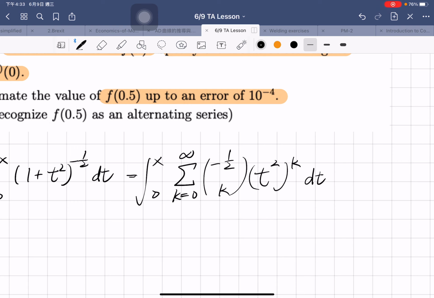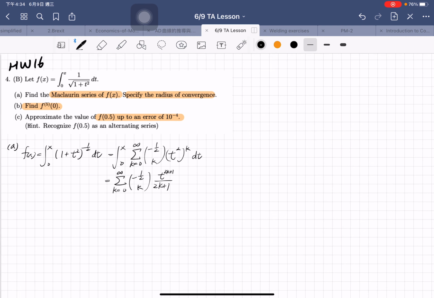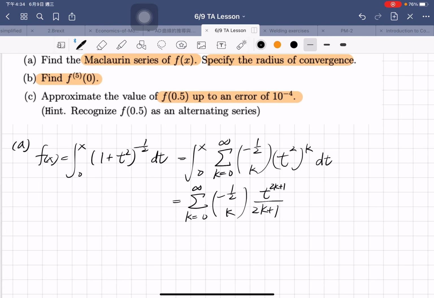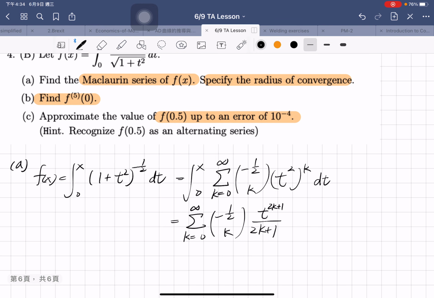Okay, and you want to integrate it with respect to t, so you get at the end the sum from k equals 0 to infinity, and the coefficient, just leave it there. The t to the 2k becomes t to the 2k plus 1 over 2k plus 1. So this will be the expansion of our f of x at a equal to 0, which will be the Maclaurin series.